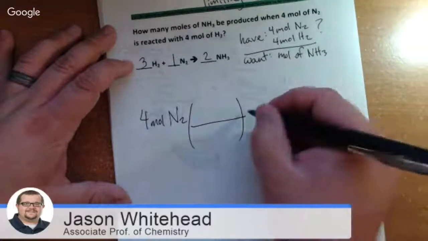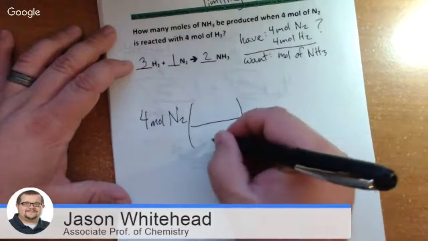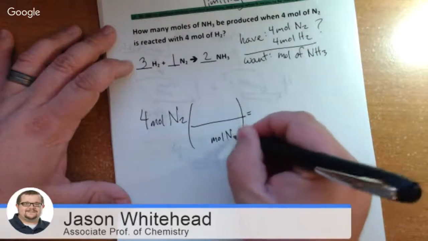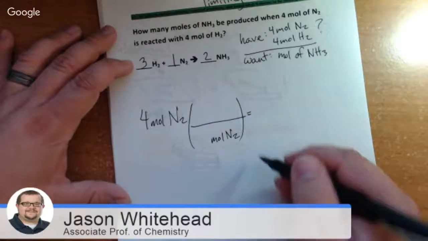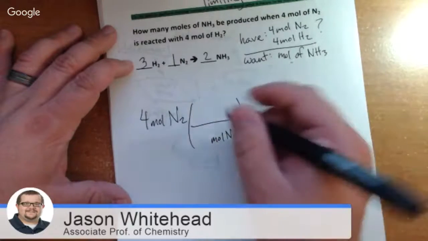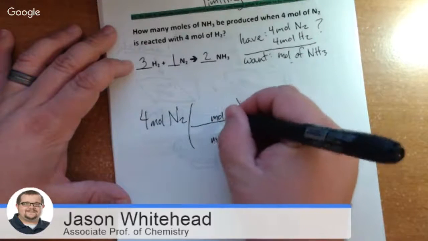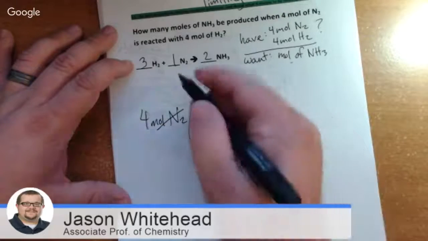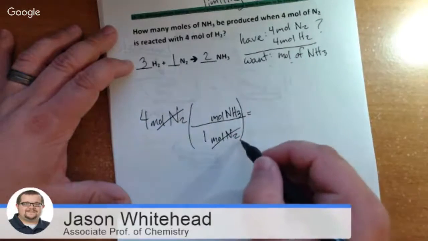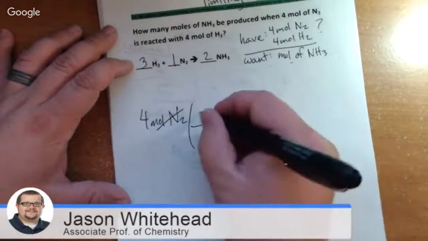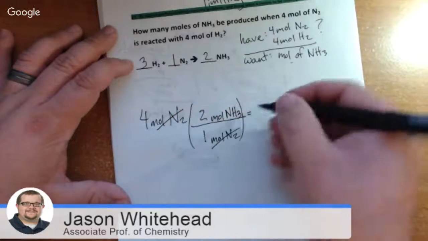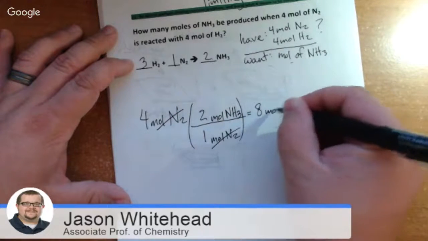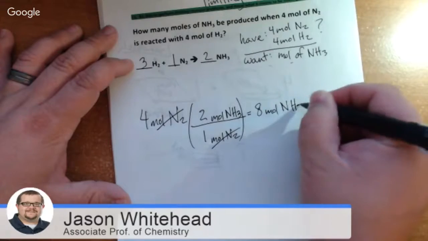Okay, and just like before, I'm going to try to get rid of the moles of N2 because I don't want those. What I want is moles of NH3. So I'm going to put moles of NH3 in the top. Moles of N2 cancel. 1 goes with the N2. 2 goes with the NH3. 4 times 2 over 1, 8 moles NH3.